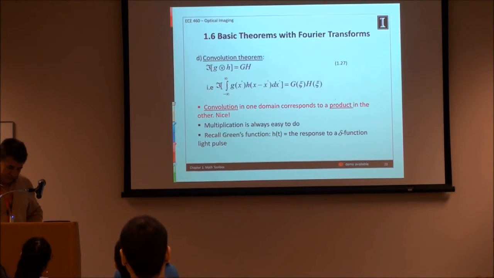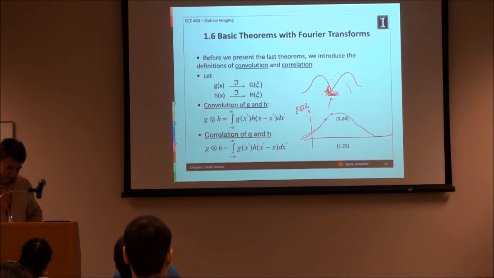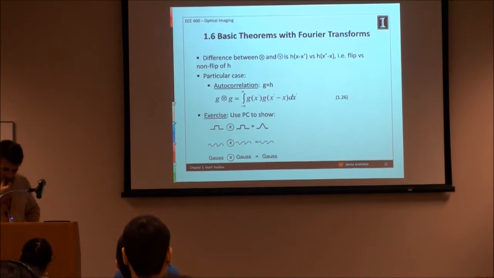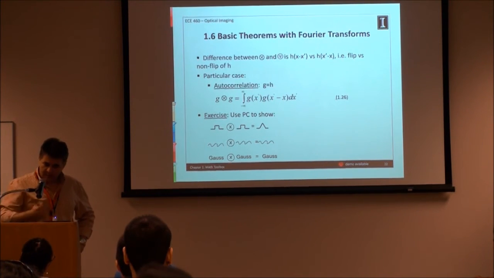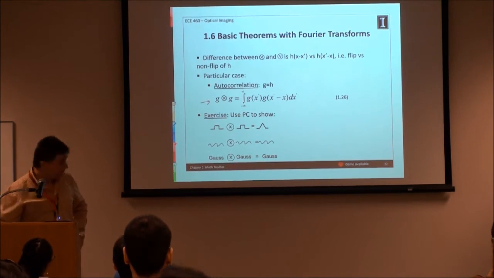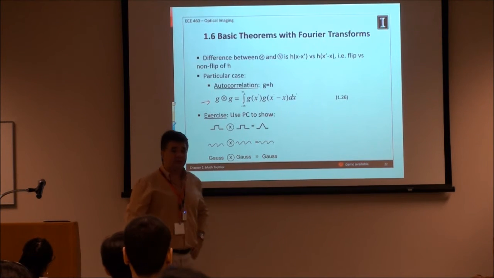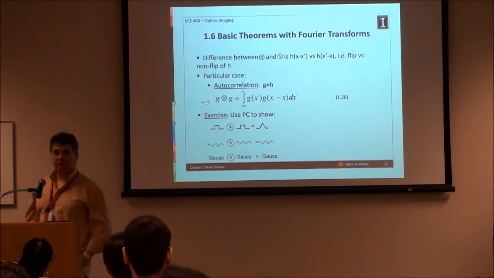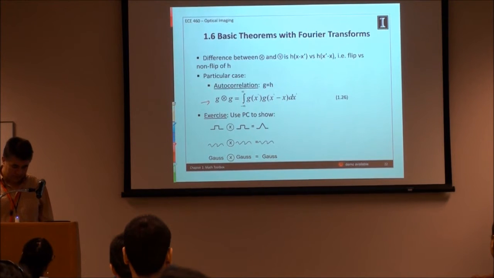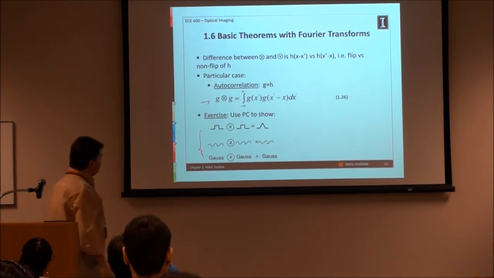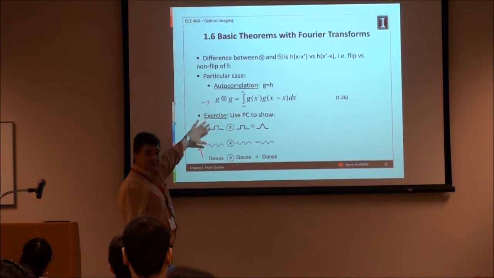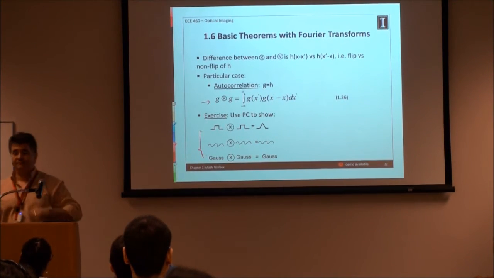These are just definitions, but the interesting part is another definition. If I correlate a function with itself, that's called autocorrelation. That's terminology. Here's a thing you can practice for yourself in case you haven't done this already.